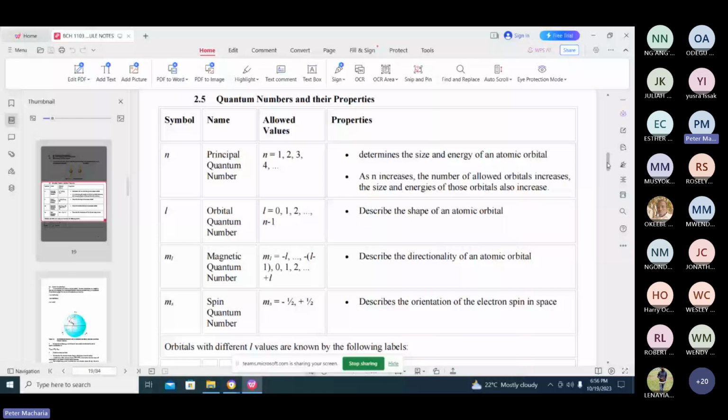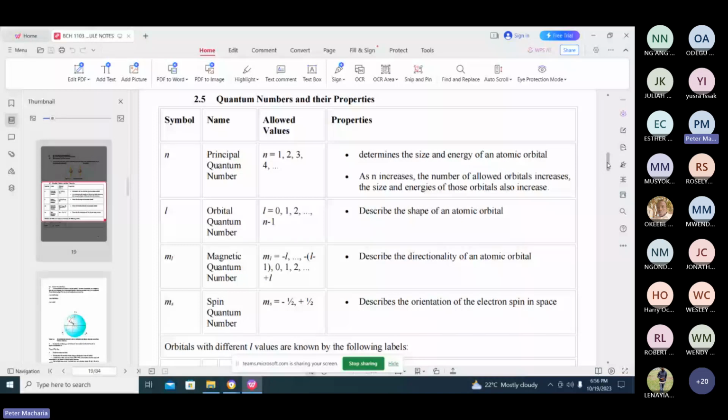So the lowest is 1, then 2, then 3, up to n. Those are the values of n. Now, when it comes to the sublevel, which we are calling the orbital quantum number, the numbers that represent sublevels take the values from 0 up to n minus 1.